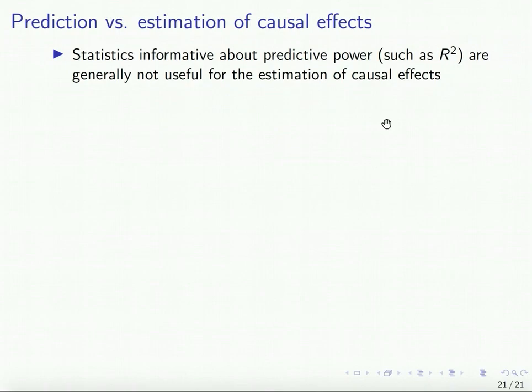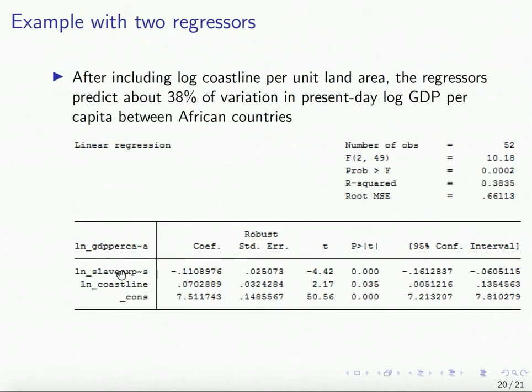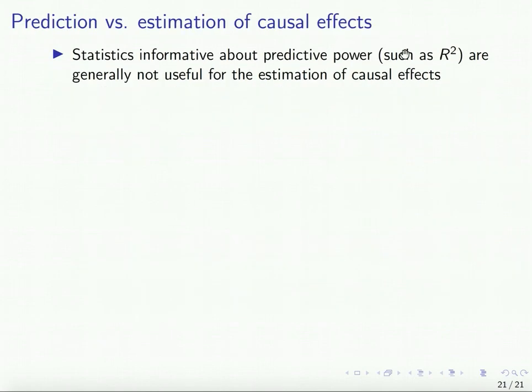Okay, so if you're going into macroeconomics, maybe you're very interested in predicting GDP next year or next quarter, and if you want to predict that, what you're going to use is not this kind of variable. You're not going to use the share of slaves exported 600 years ago, okay?